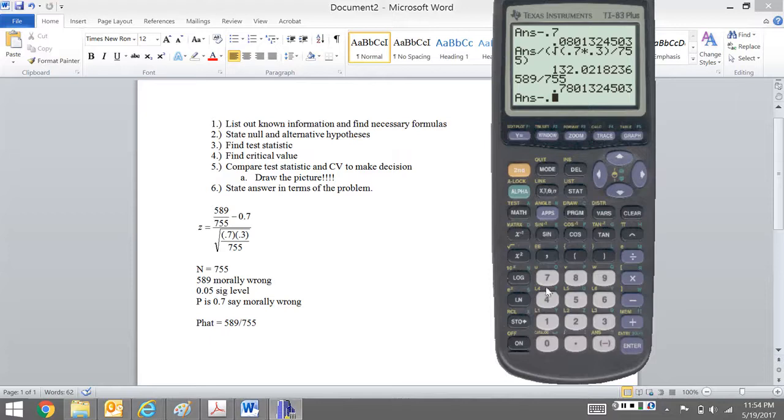So minus 0.7. Okay, so that's my top. Now divided by the square root. I'm going to do this in two parts: 0.7 times 0.3 divided by 755. Now in parentheses. There we go, 4.8. That seems much more reasonable. So this is my test statistic.